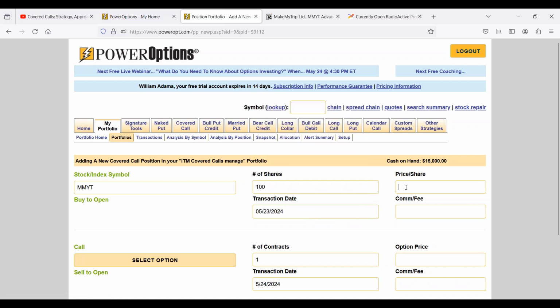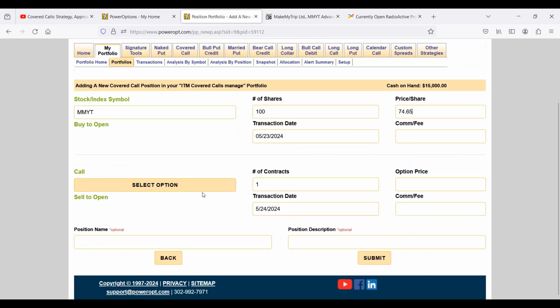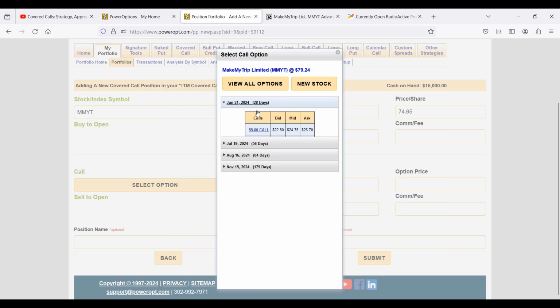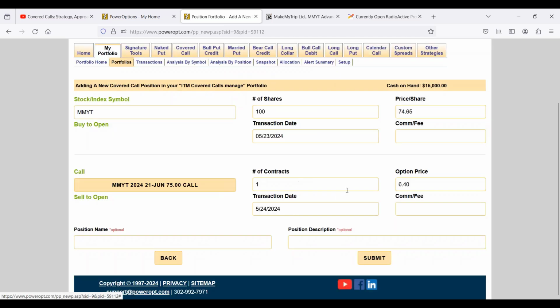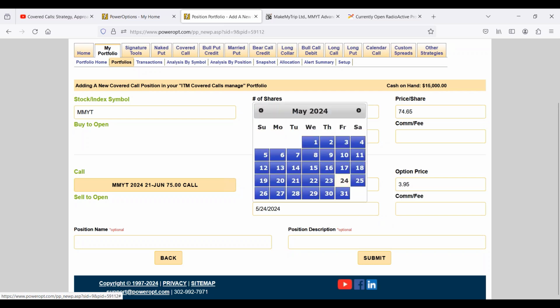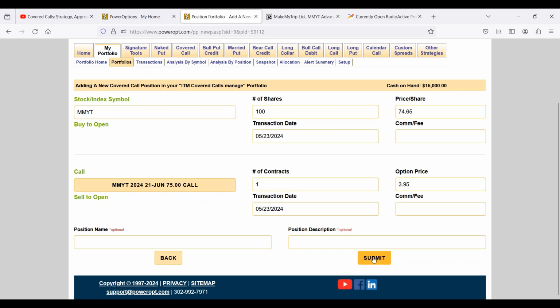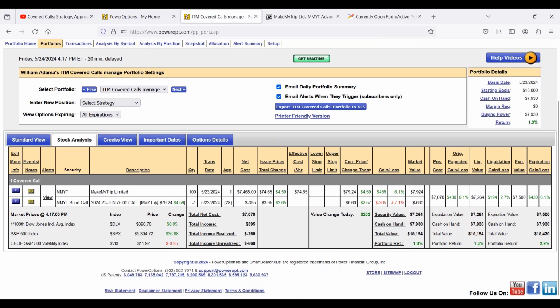On or around near the close, I should say, Joseph, we got in at 74.65, no commissions to keep it simple. We sold our June 75 call for a premium of 3.95, the midpoint at the close. And now we're set. Let's go ahead and submit that as our covered call position.